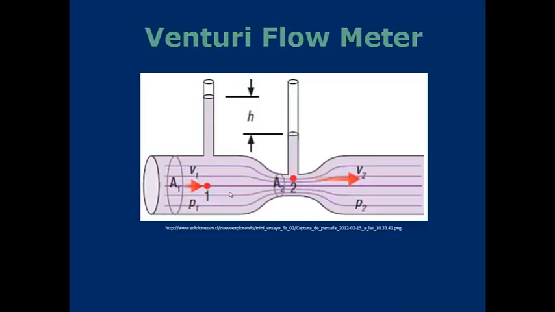The most common way that Bernoulli's equation is going to be tested on the MCAT is the Venturi flow meter, a system for which is listed below. What you'll be asked is, at each point in the pipe or in the system, what height is the liquid going to be at and why? If we remember what Bernoulli's equation looks like, I will just write out one little bit of it here.